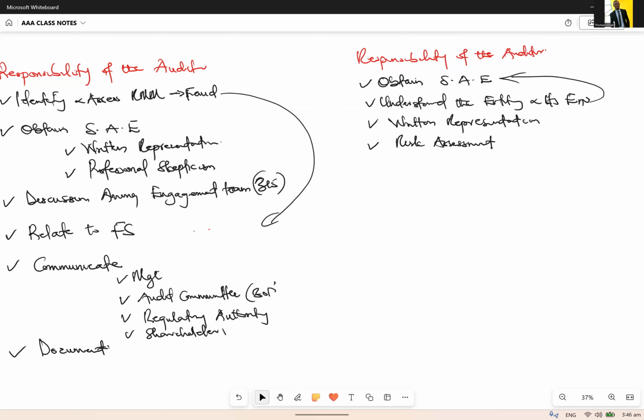The same communication process, we call it reporting. You must report it. Lastly, you must also document it. Everything must be properly documented. If you suspect any of these things, document it.